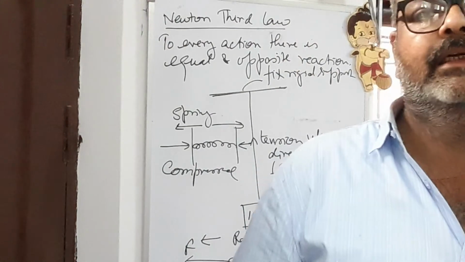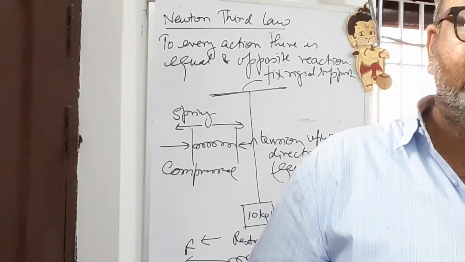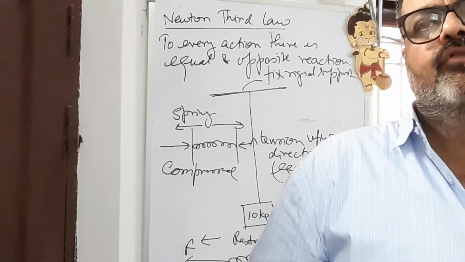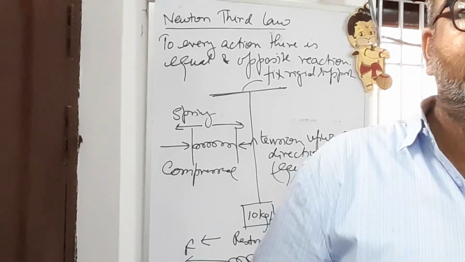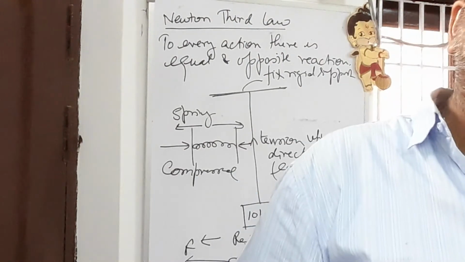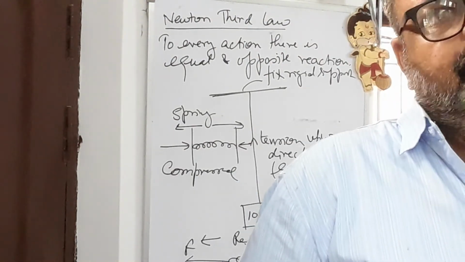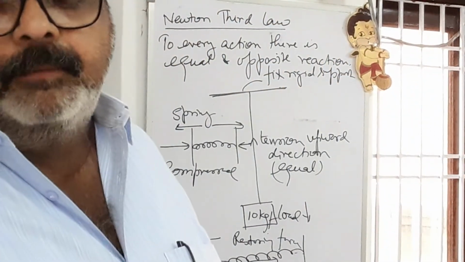I have to throw the floor back, then only my motion is in front direction. So these all are the examples, and the book is lying on the table. The force exerted on the table by the book will be equal to the same force exerted on the book by the table. Clear? So all these are the examples which I have said.